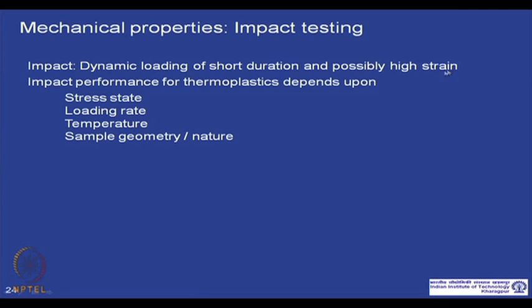So, impact testing is a dynamic load of short duration at a very high strain rate, and the performance of a thermoplastic or plastic material depends upon the strain rate. Obviously, it depends upon how you are applying the stress, the loading rate, the amount of force, temperature, and sample geometry and nature of the sample.